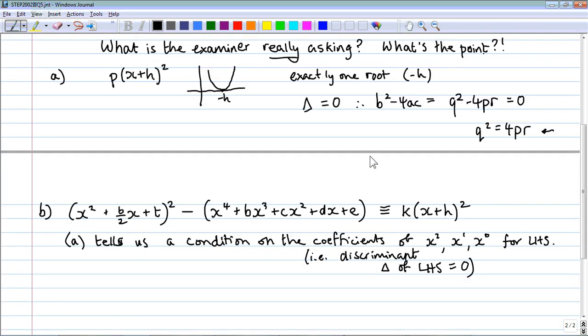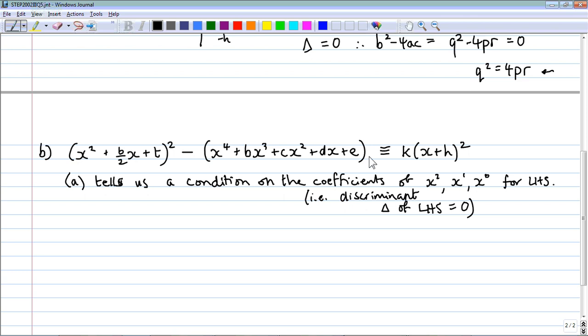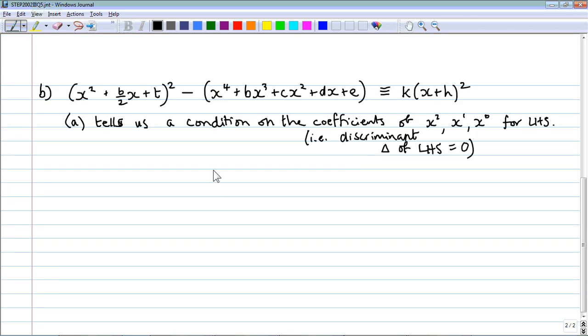Now you may have missed an important point here, that the left hand side is a quadratic function. So maybe I should write this in brackets. It should be quite obvious, but the left hand side is quadratic because x to the 4 and x to the 3 have coefficient 0.